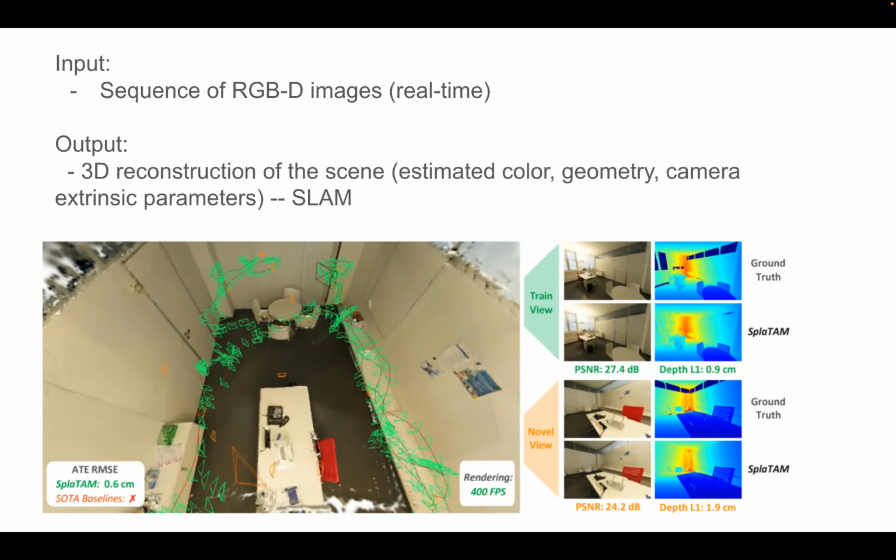That means you have to estimate color, geometry, and camera extrinsic parameters all together. This problem is classically called SLAM, and it's different from traditional NeRFs or Gaussian splats because you don't have the camera parameters, but you also have the depth as input.